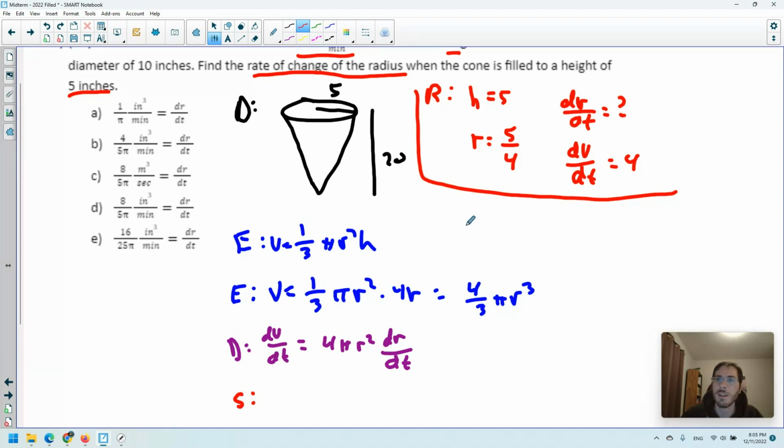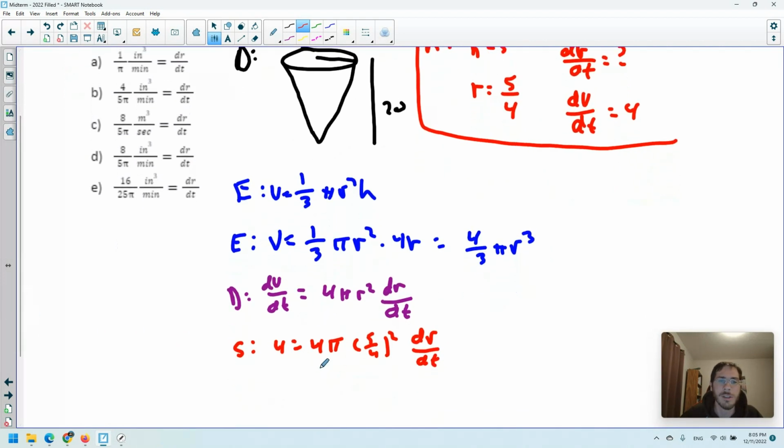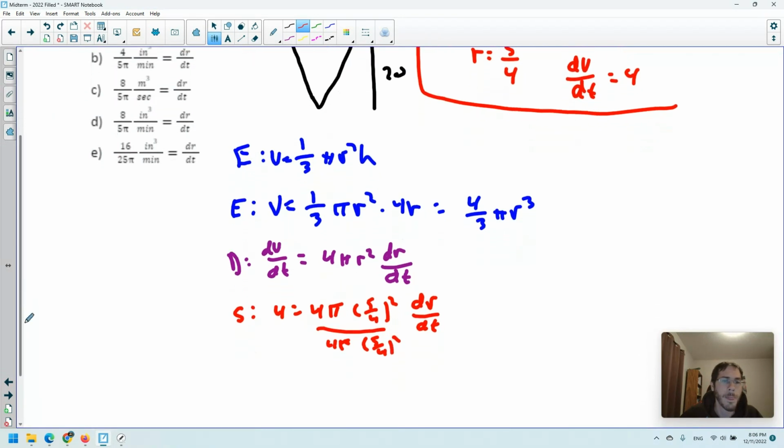dv/dt is 4. The radius is 5/4, and we're going to have to square that. And dr/dt is what we're trying to figure out, so that should just stay as dr/dt. We can divide both sides by 4 pi times 5 over 4 squared.